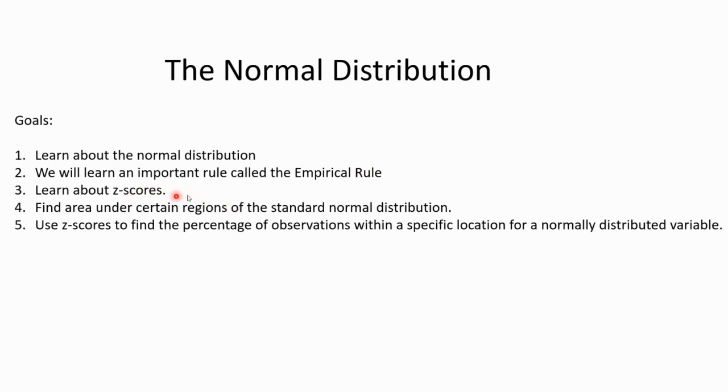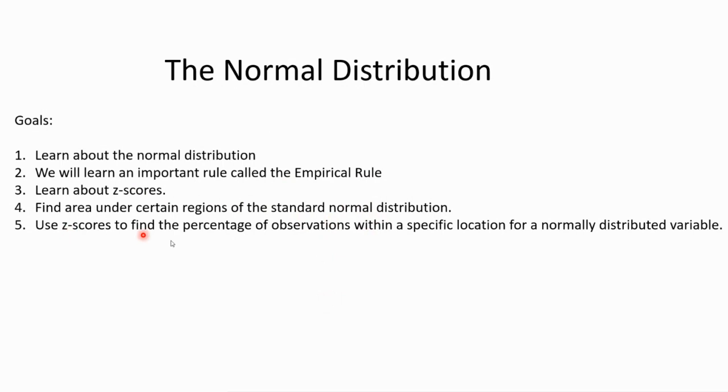There's something called z-scores, and we'll see a special kind of distribution called the standard normal distribution. That's the one people mostly deal with. There are lots of different normal distributions; you obtain one for each mean and each possible standard deviation. The standard normal distribution is what people mostly work with, and it turns out that's really enough.